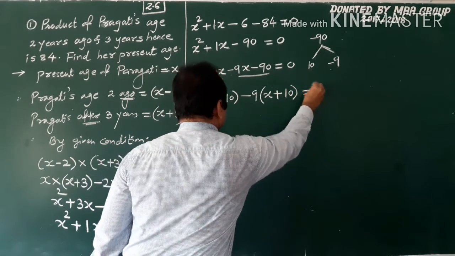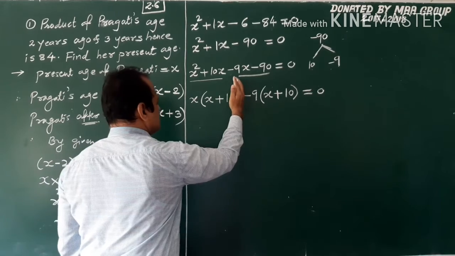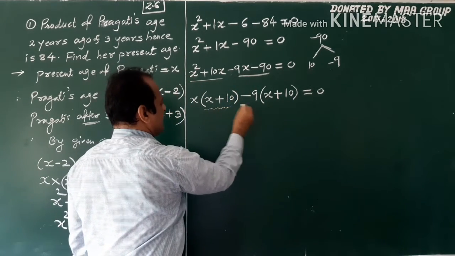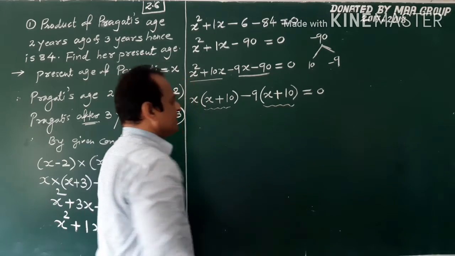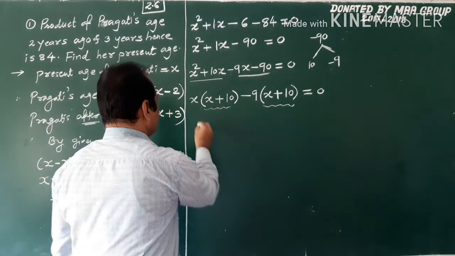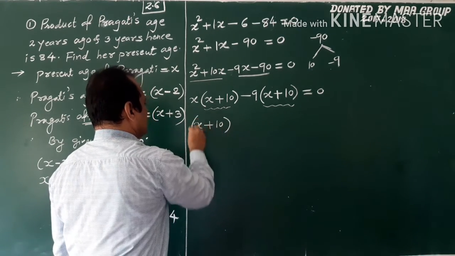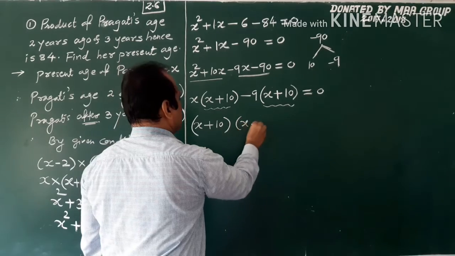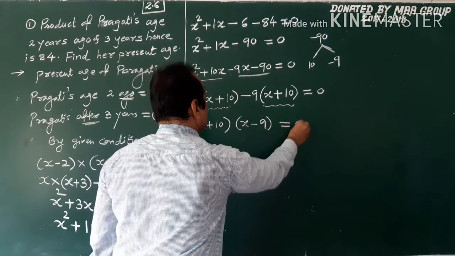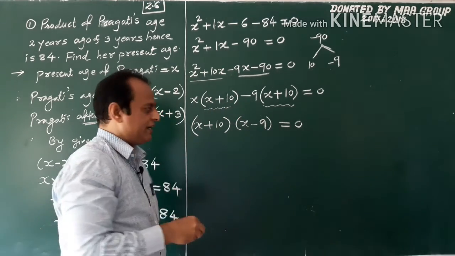Now look one more time: the first term is up to here and the second term is up to here, and we have x plus 10 and x plus 10. This bracket is common in both the terms. So x plus 10 is common. Now x minus 9 remains; the terms which are not common come in the next bracket.